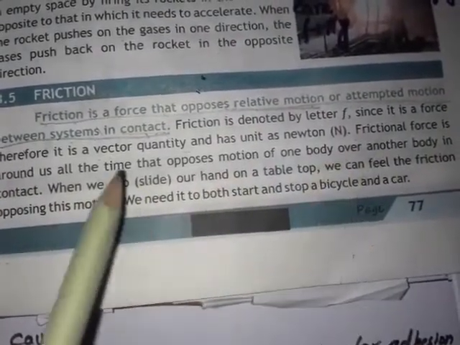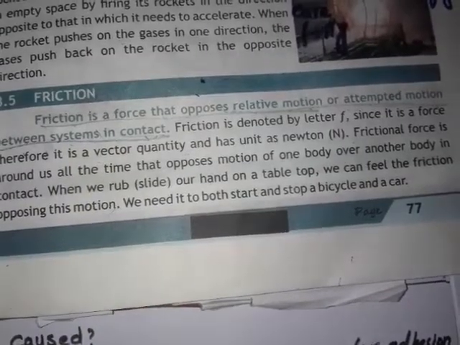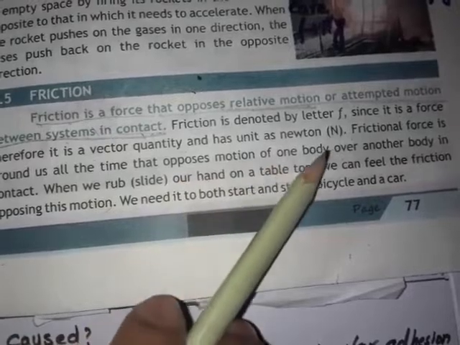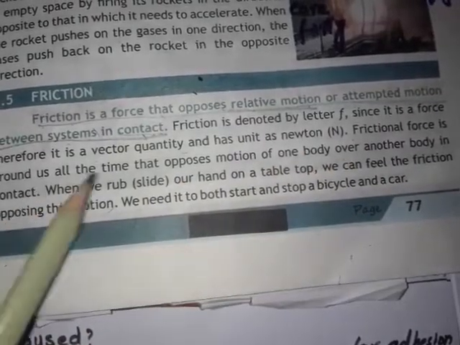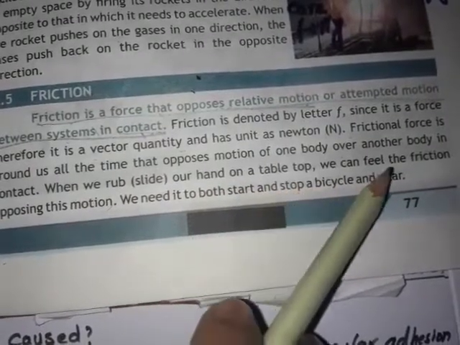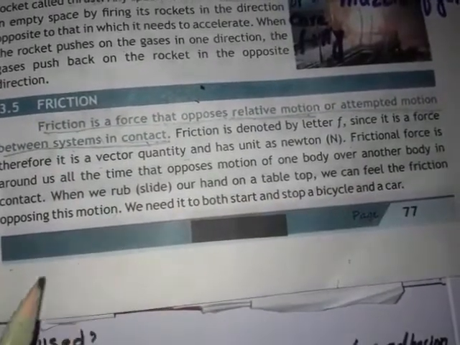Friction is a force that is present all the time, and it is present when an object comes in contact with another object. When we slide our hand on the tabletop, we feel the friction opposing this motion.